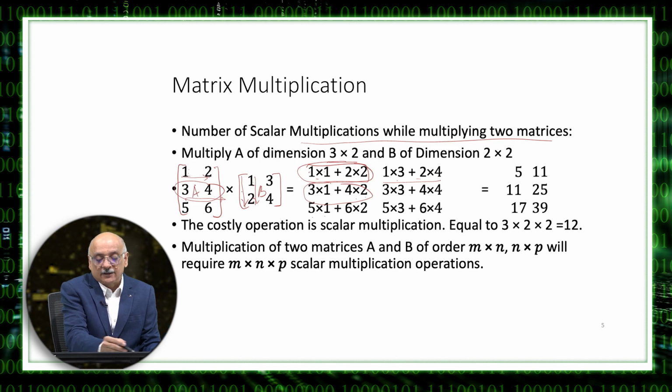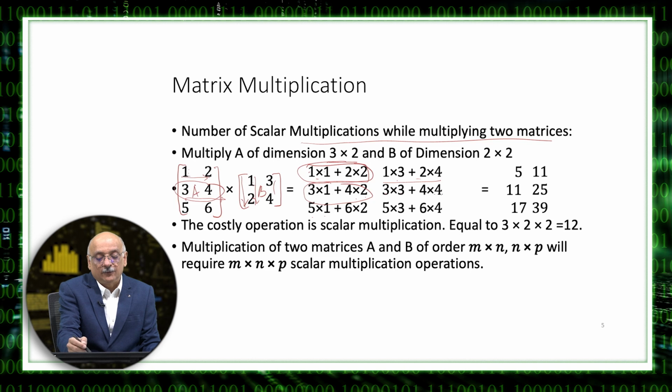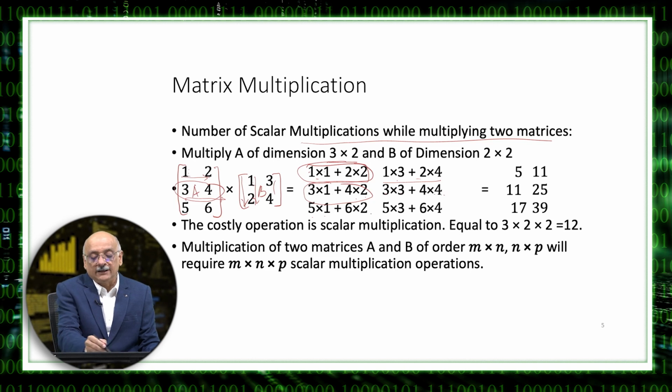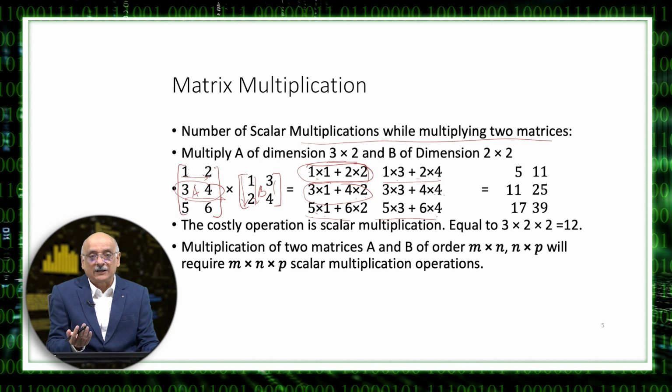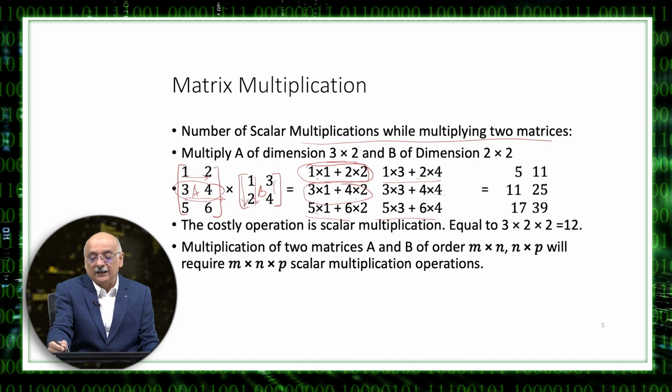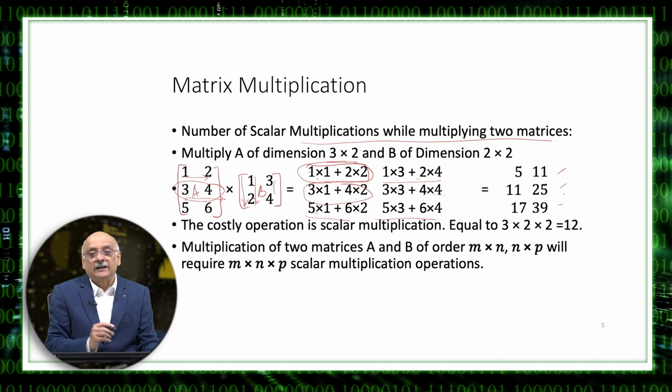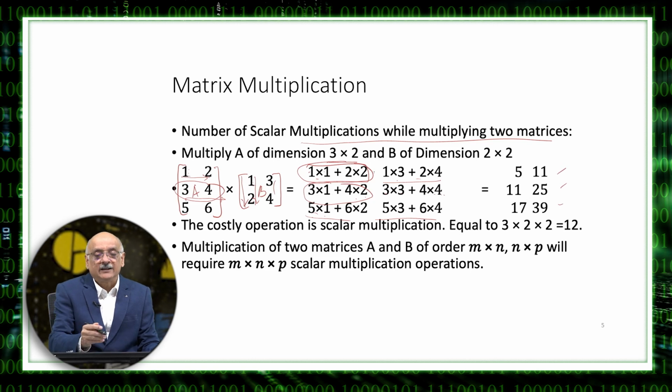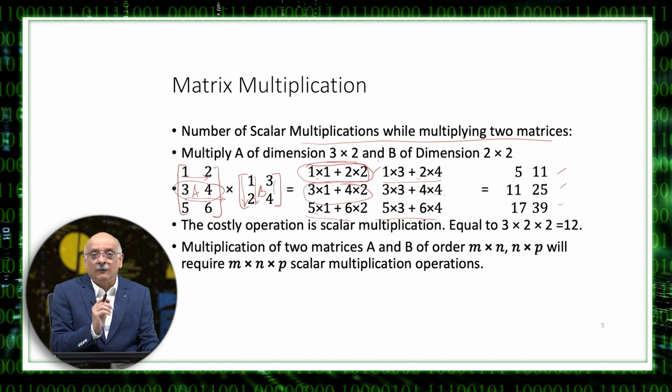Likewise, 3 into 3 plus 4 into 4, and so on. This is how the general matrix multiplication goes, and you just add these elements to produce the final output. You can verify this output. Now our concern is how many operations are required in this.